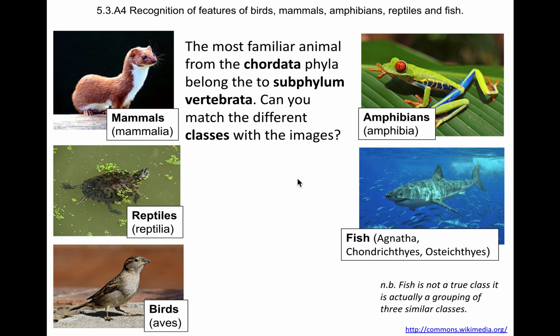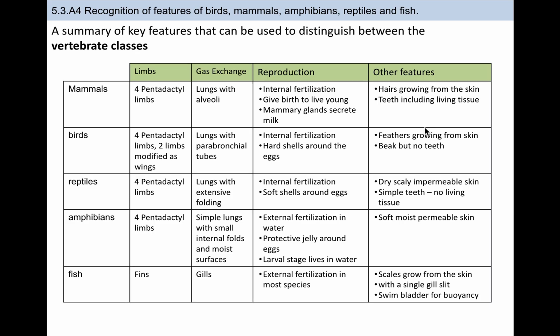Okay, hopefully you were able to figure this out. Usually the two that students get most confused are reptiles and amphibians. So let's look at their differences. When we sum up the vertebrate classes of the Chordata phyla, we usually look at, in a dichotomous key, what would split organisms up.